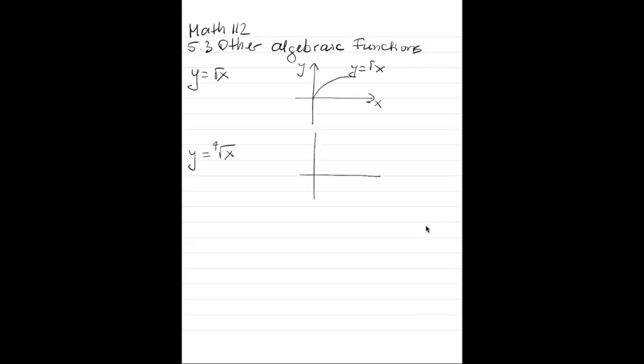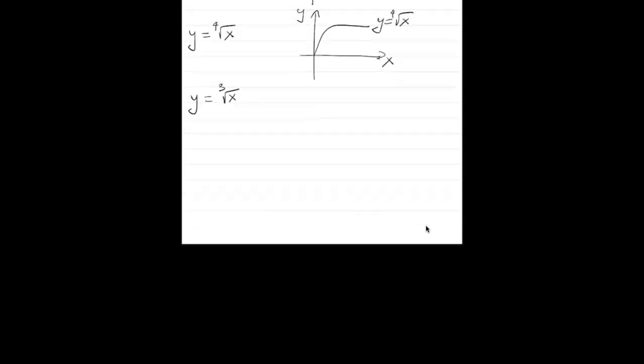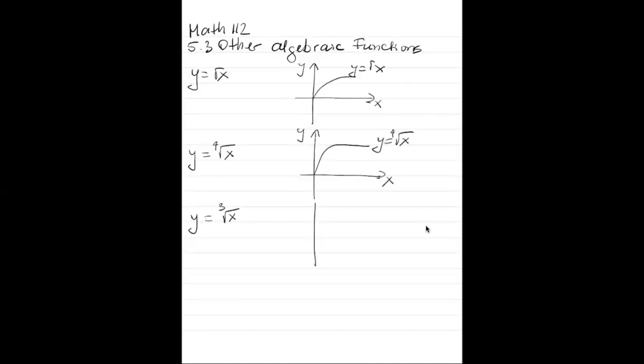It's still in the first quadrant only, but it's a little bit more rounded like this, but very similar. Now, if you have the cube root, which takes all real numbers, then the graph is in the first and the third quadrant.